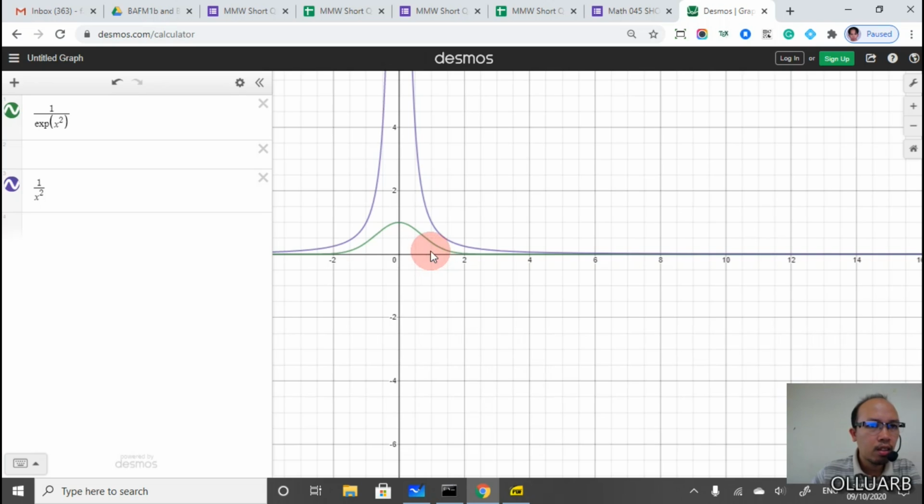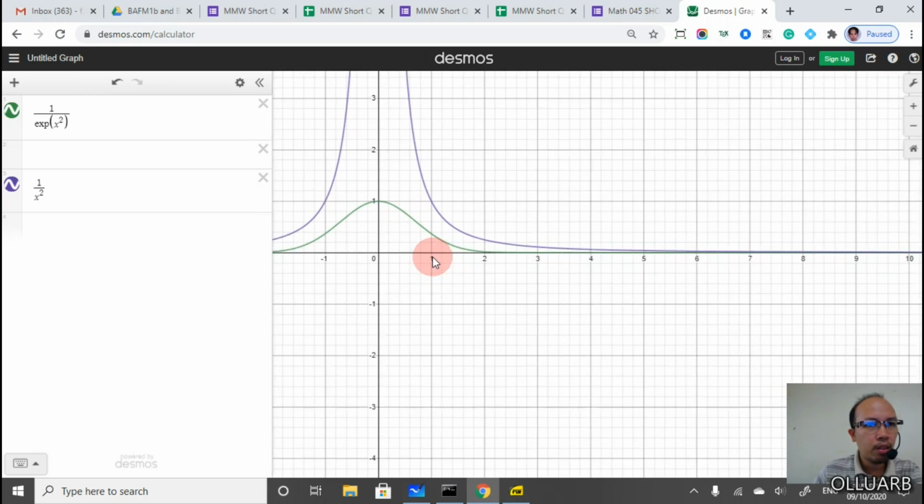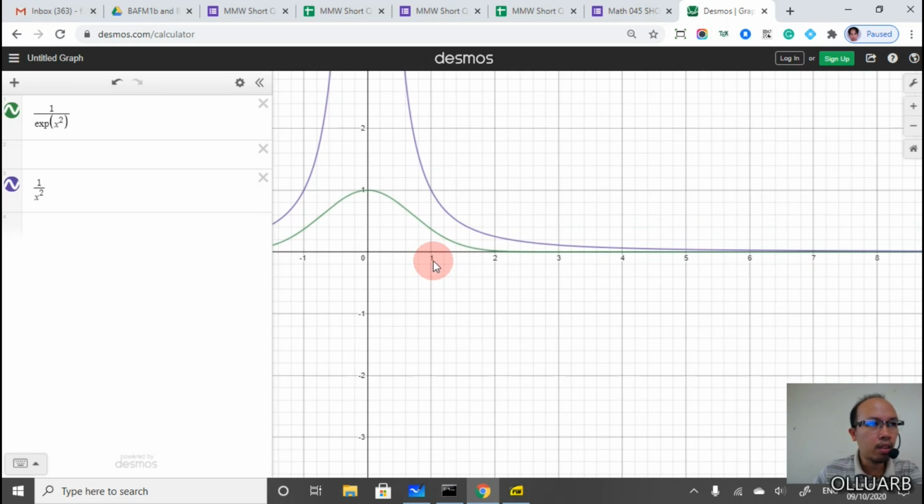So clearly, n starts from 1 and our e starts from 0 here.